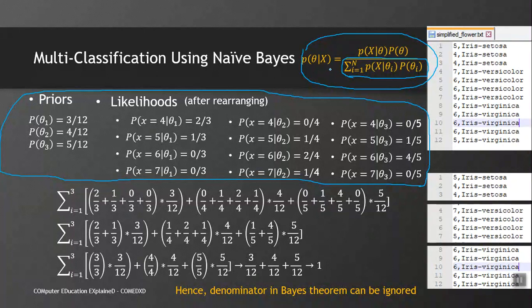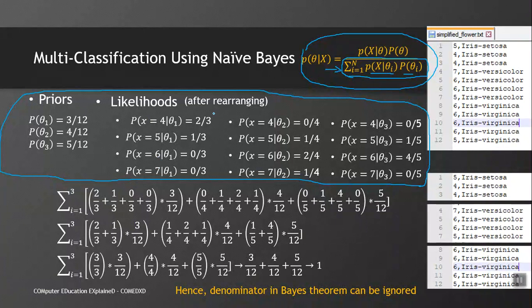In this formula, first we are going to calculate this term, that summation which goes from 1 to 3. We have 3 classes, and what we do over here is p of x given theta i, p of theta i. You can see that we have 4 values for x. What are those 4 values? 4, 5, 6 and 7, right.